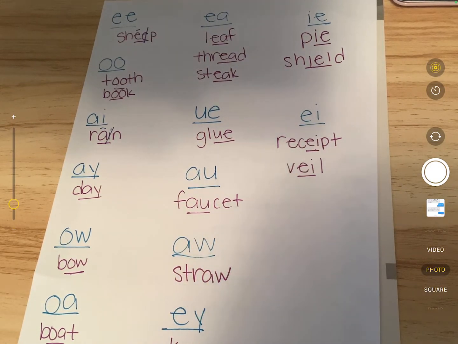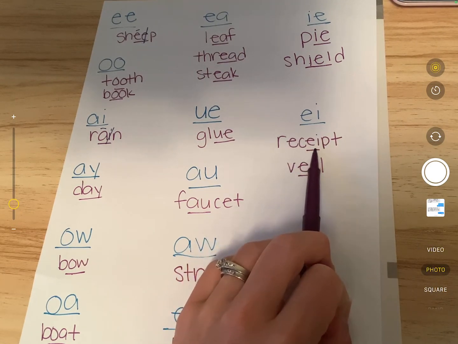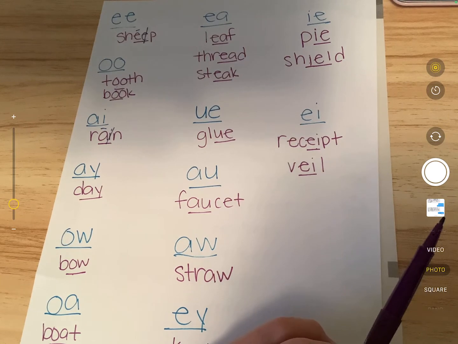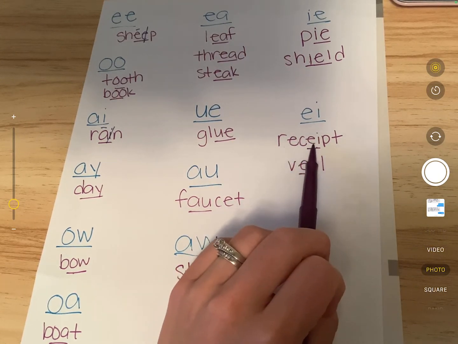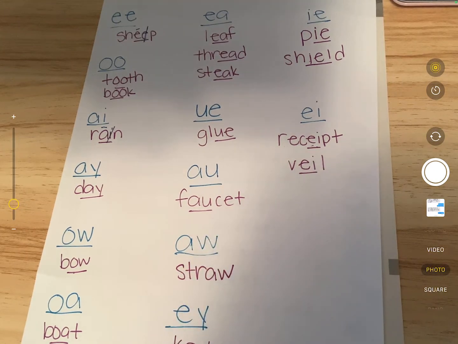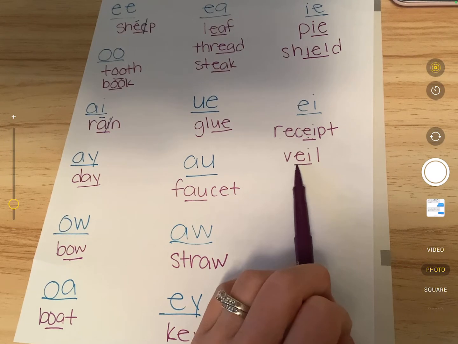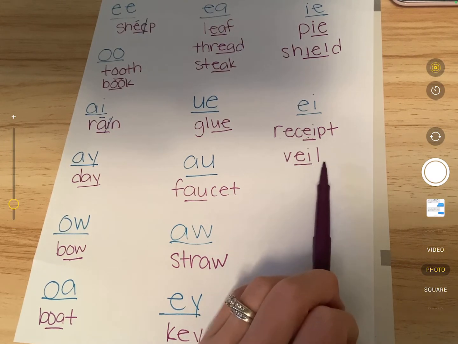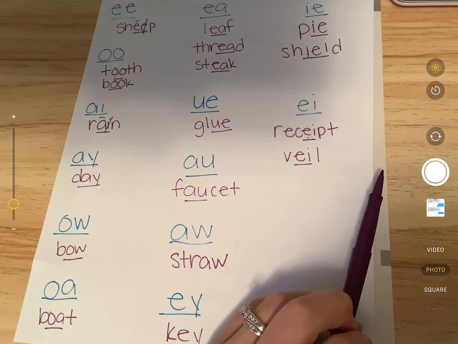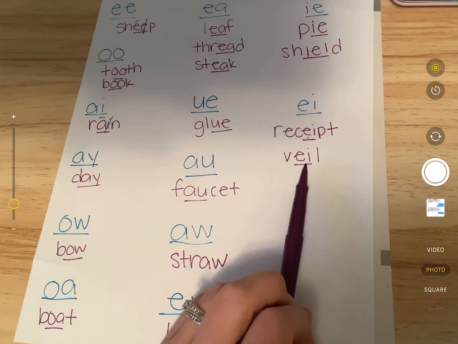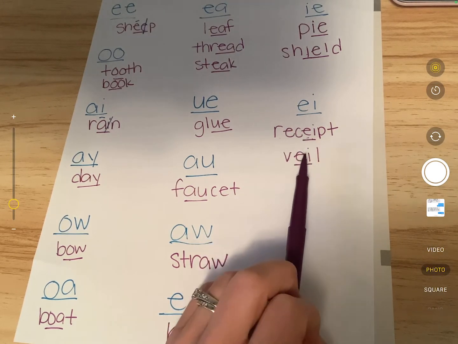Does anybody think they know what the EI is saying in receipt? It's saying long E. Receipt. Long E here. And then this one is the word veil. Veil. Remember, we just talked about that one recently, like when a bride wears a veil over her face. EI here says the A sound, so EI can say E or A.